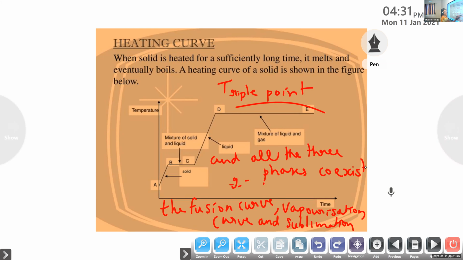All these phases exist at a particular point, and where all three phases coexist is the triple point of the substance.